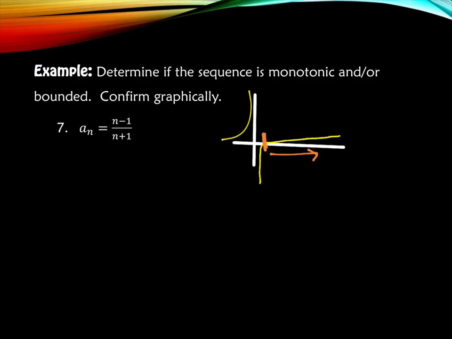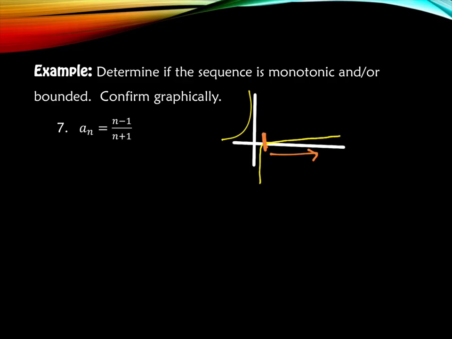Looking at this graph, does it look like it's monotonic? Monotonic means it's continually increasing or continually decreasing. It looks like it is. Does it look like it's bounded? Yeah, it looks like it might be bounded. It's certainly not increasing very quickly, correct? But logs don't increase very quickly either.